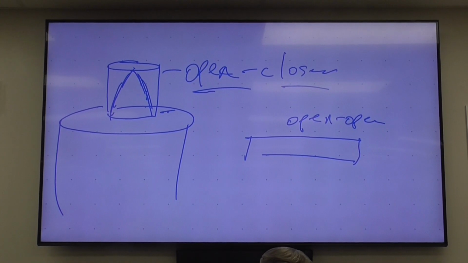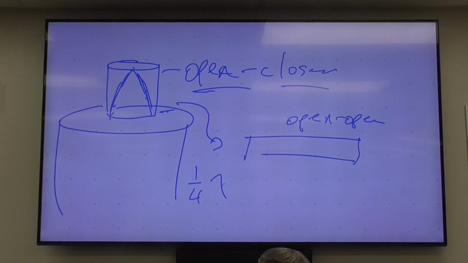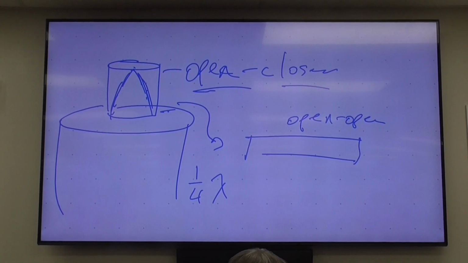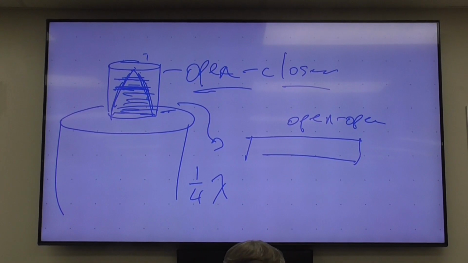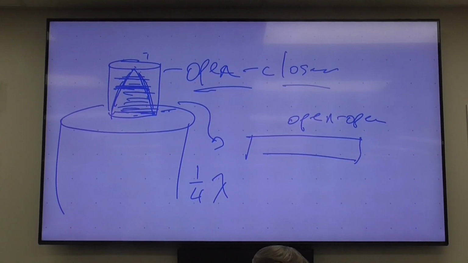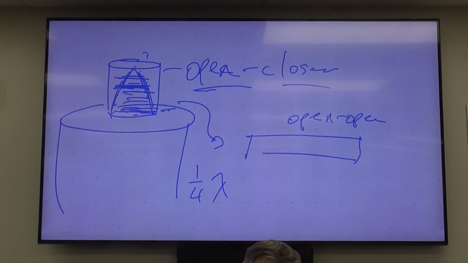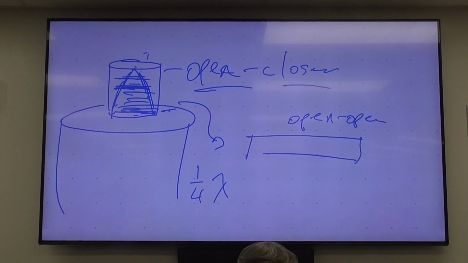When you measure that height, what you were measuring was 1/4 of the wavelength, okay? And that's going to be like that first harmonic. So what's happening is that sound wave is being sent down, it's bouncing off the water, and then when you hit just the right point, that's when it got really loud.